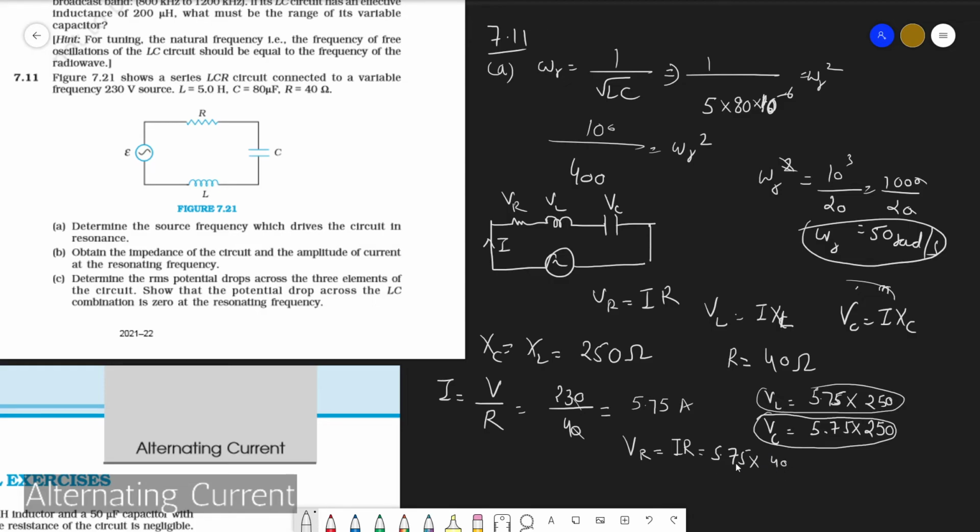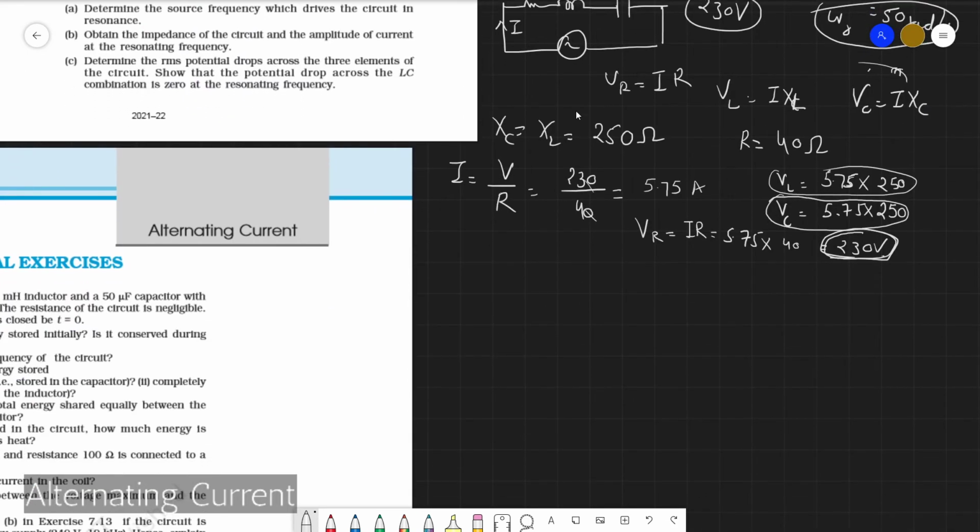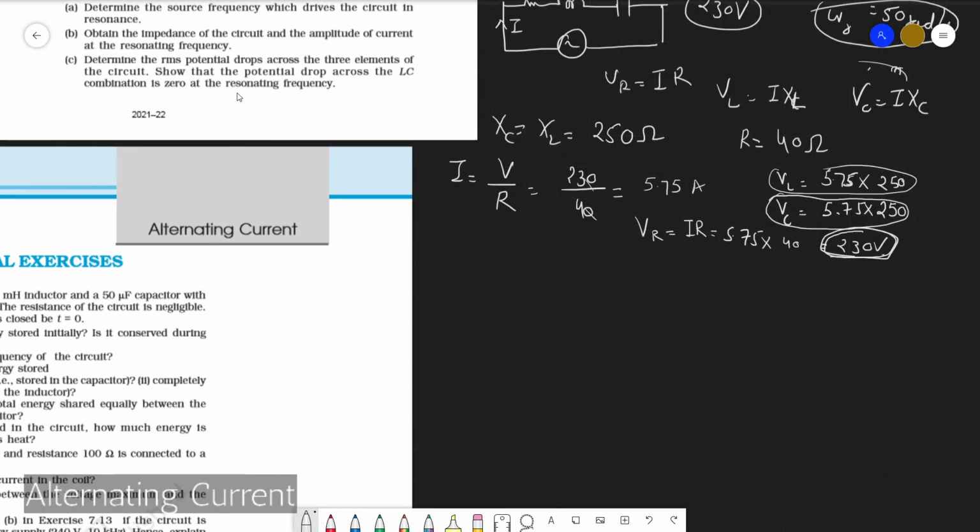So again you are multiplying, this voltage will be 230 volts. So the point is that whatever the supply voltage you were giving, it was 230 volt RMS only in the question. See this. If the condition becomes that the resonance, you can observe that all of the voltage is being applied at 230 volt. Now, from this, we need to show that the potential drop across the LC combination is 0 at the resonant frequency.